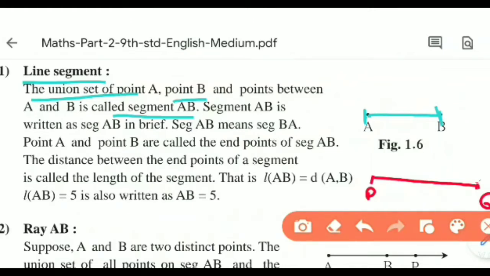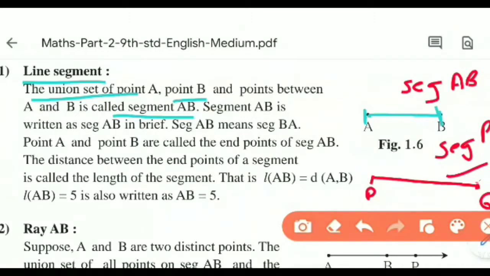It is the union set of point P, point Q and the points in between P and Q, called a line segment. Segment AB is written as seg AB. Same way PQ is written as seg PQ.